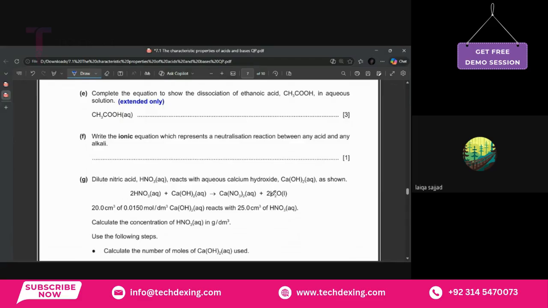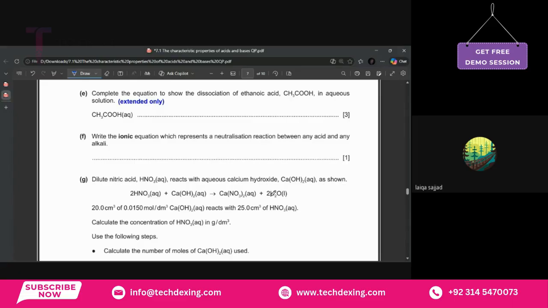Ethanoic acid is a weak acid, so it only partially dissociates into ions. What two ions do we get when ethanoic acid dissociates in a solution? This is an acid, so it will give away its H plus ions.